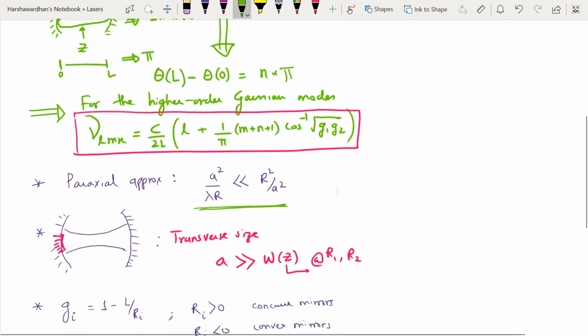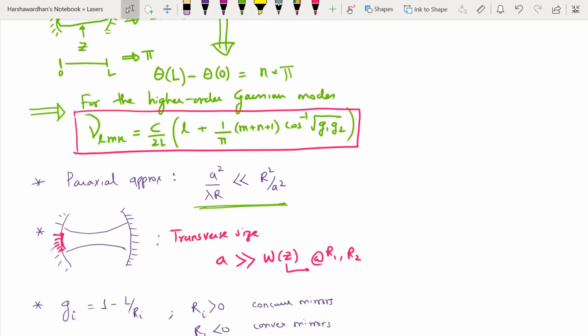And not just that, we want to make sure that the size of the mirrors are such that they reasonably reflect the whole Gaussian field across. So imagine if my size of the mirror was small, like this red thing which I have made. There will be diffraction effects at the edges, and then of course the Gaussian beam solution will no longer be valid. So let's be very clear about that.